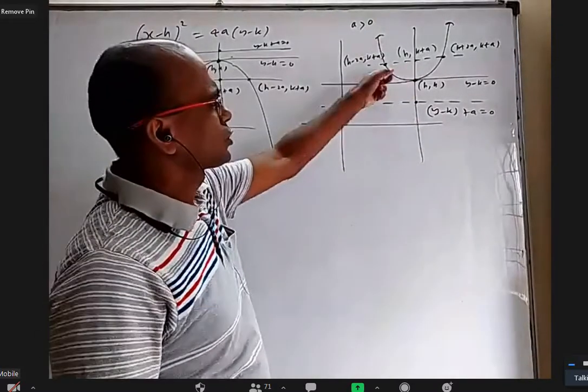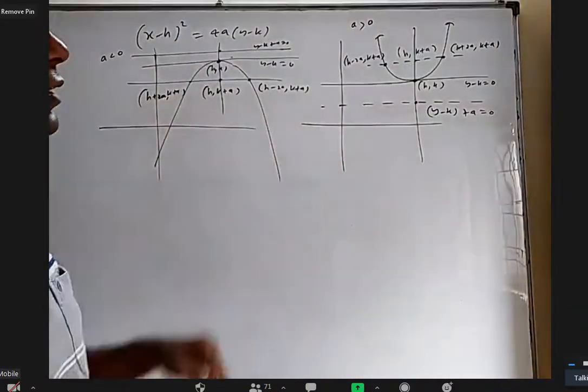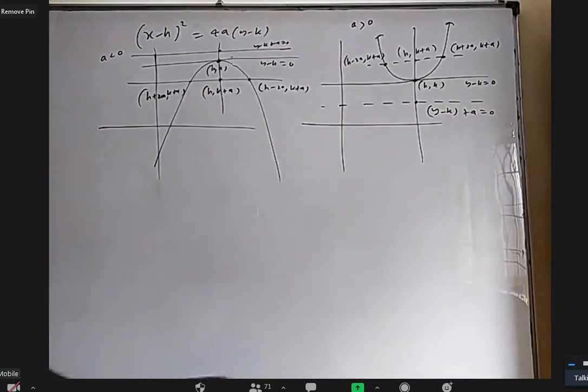The vertex is (h, k). The (0, a) you have to add to it. For any point, simply add h and add k. In any equation, replace x with x minus h and y with y minus k.